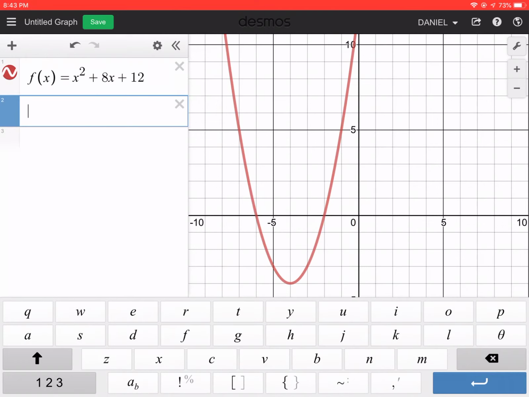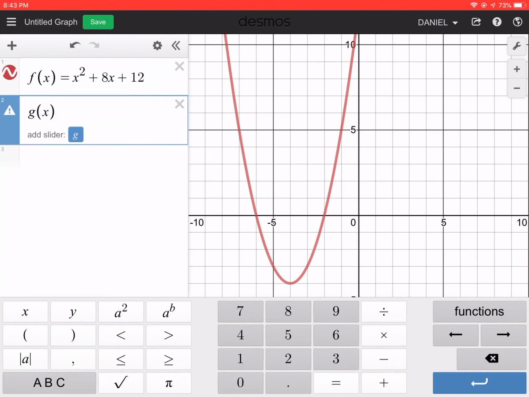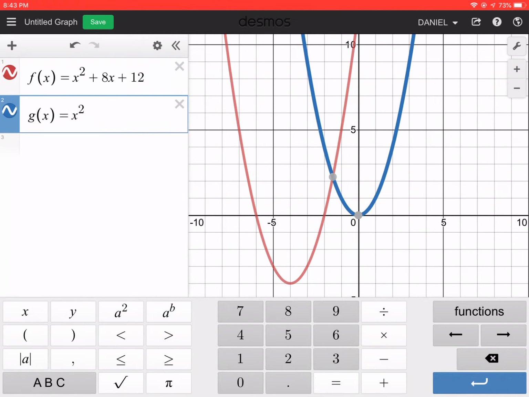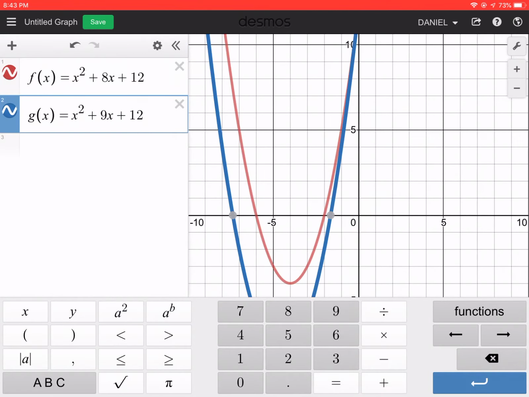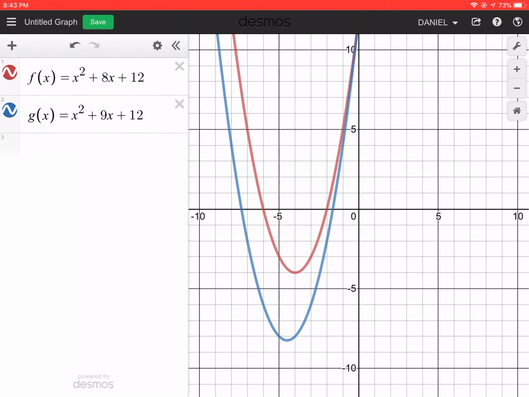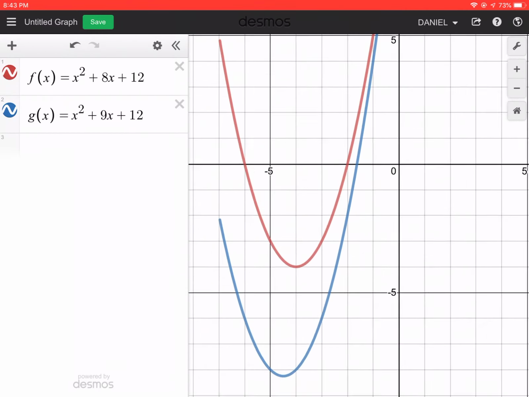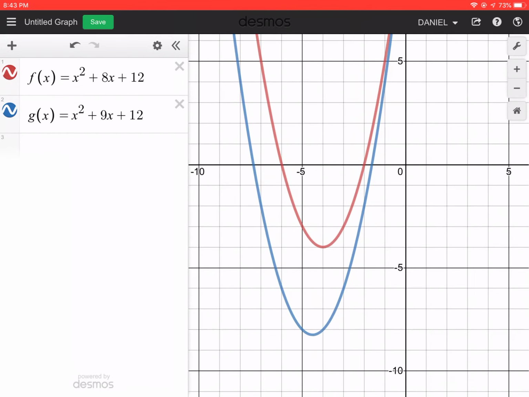Now let me type in our next function, g of x. And let's see what happens here. Type this in yourself on your calculators. And let's see what this looks like. Plus 12. Alright, it looks just like f of x. It still has zeros, it still has a vertex, it's still a parabola.